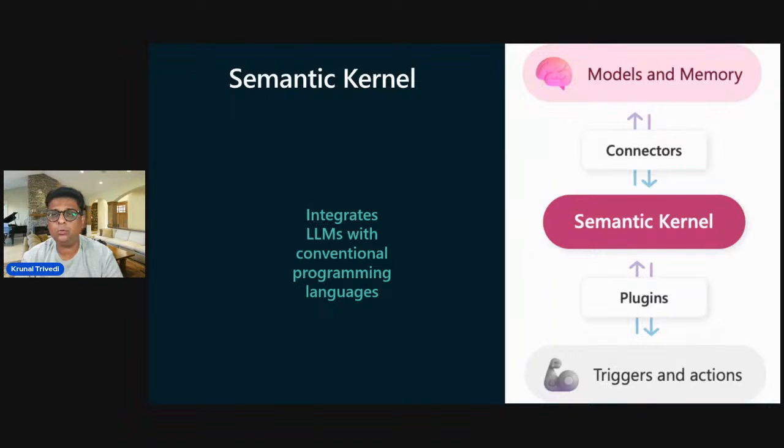So you can take this input from your user with the help of your C# web application, and now that input you pass to LLMs with the help of connectors, and then you get some response over there.